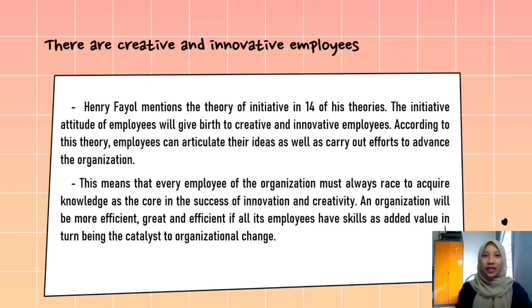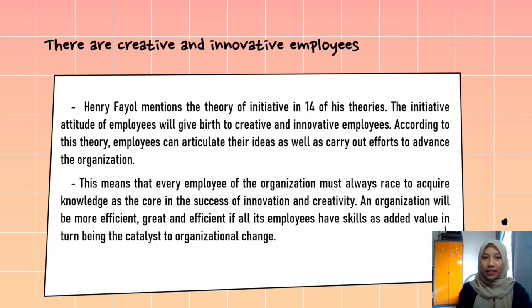Second is, there are creative and innovative employees. Henri Fayol mentioned the principle of initiative in his 14 principles. The initiative attitude of employees will give birth to creative and innovative employees. According to this theory, employees can articulate their ideas as well as carry out efforts to advance the organization.